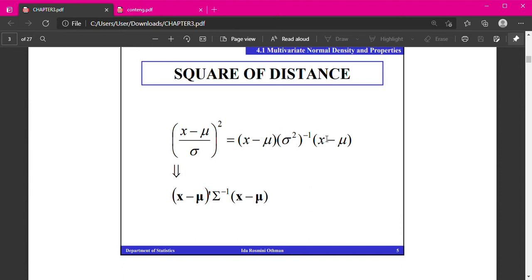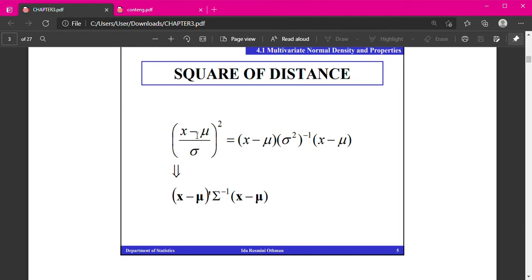Another formula untuk square of the distance adalah this one, which is x minus mu over sigma, ini untuk bila kita dealing dengan normal multivariate. So x minus mu over sigma ni pernah jumpa kan sebelum ni. Ini adalah bila kita transform kepada central limit theorem, betul tak?